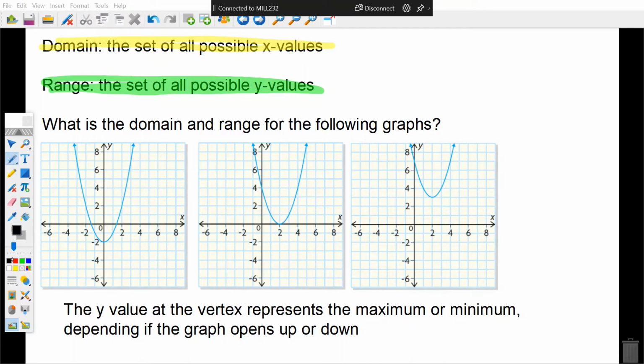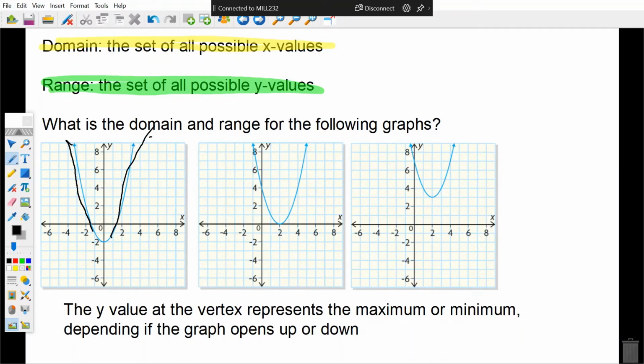Now, the domain for quadratic functions like this is easy, because these graphs are always going to extend.